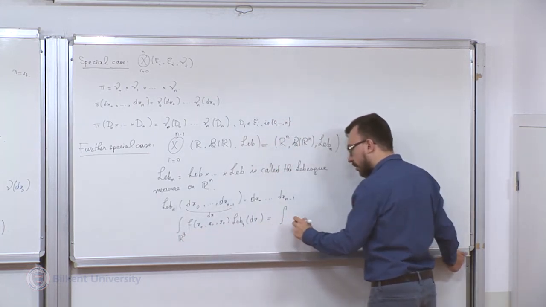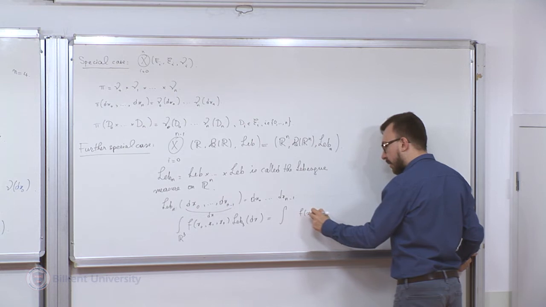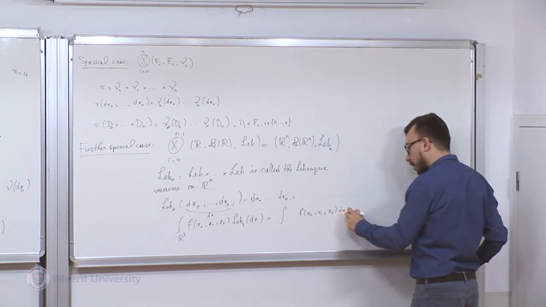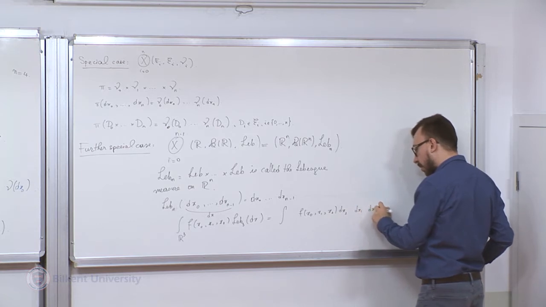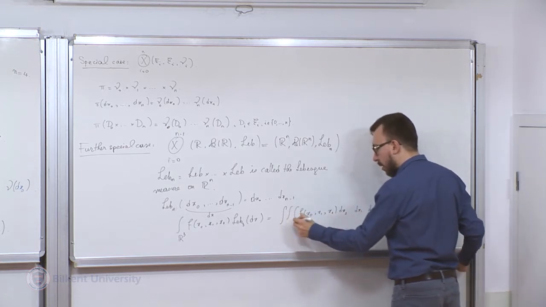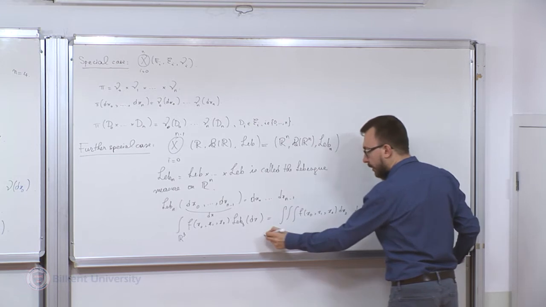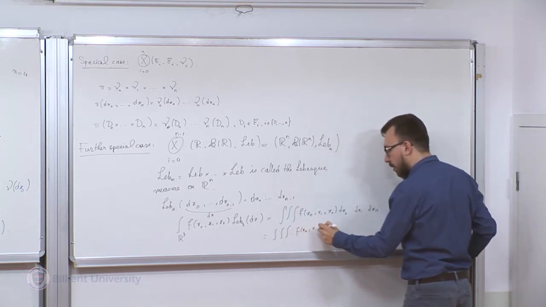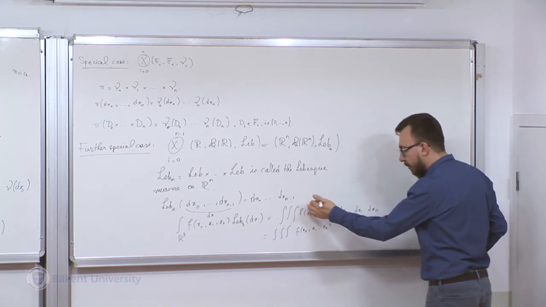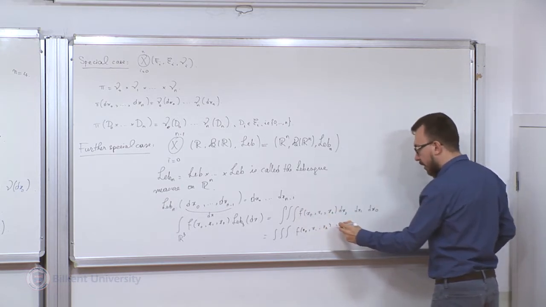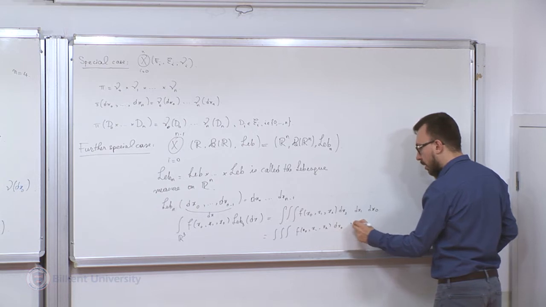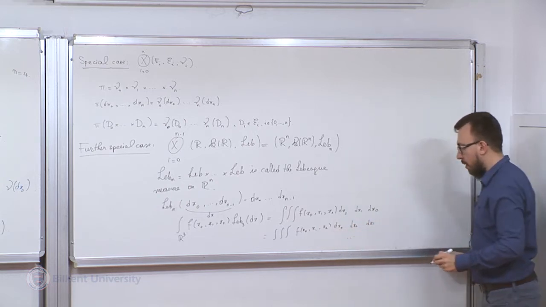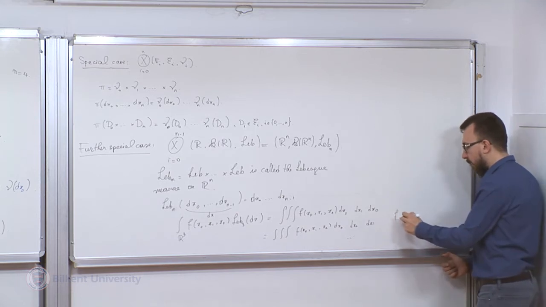So you can write it as a triple integral, right? But the order is not important, thanks to Fubini or Tonelli, whichever applies. Let's say f is just positive measurable.